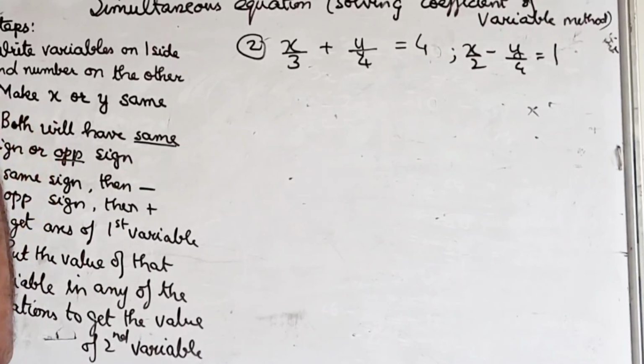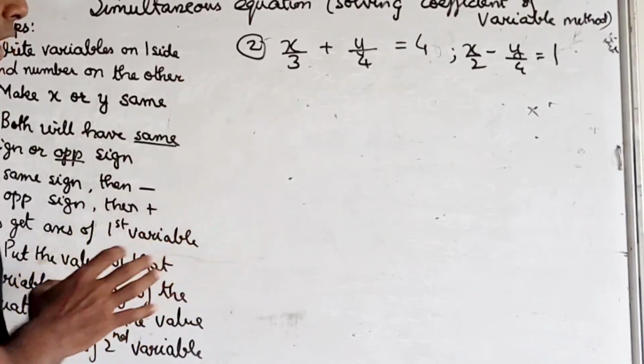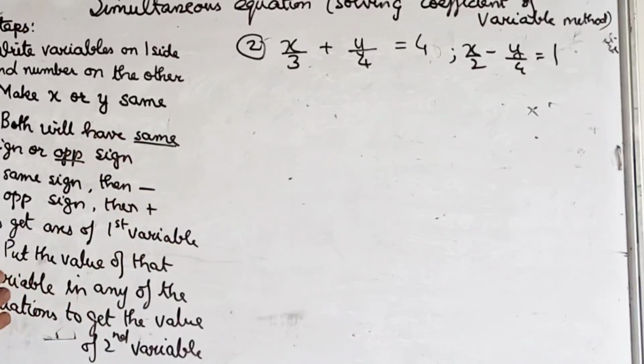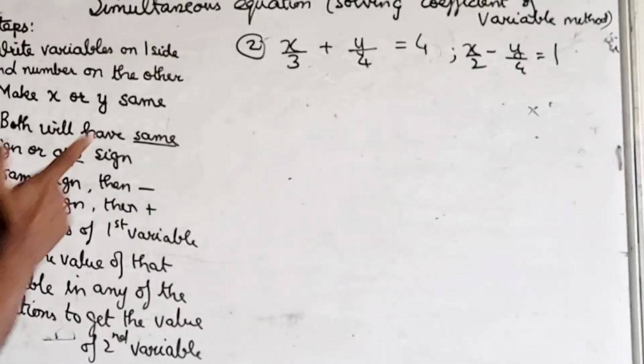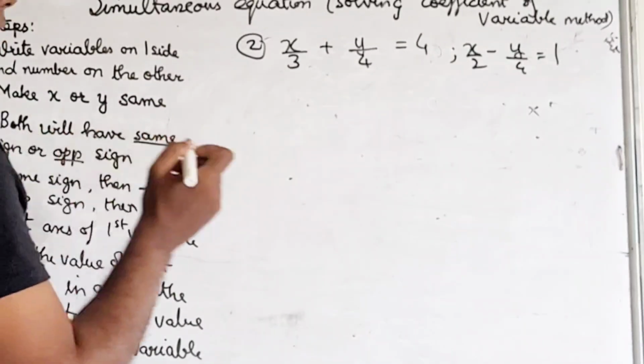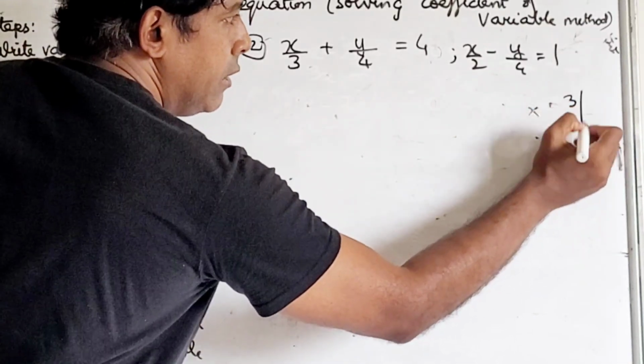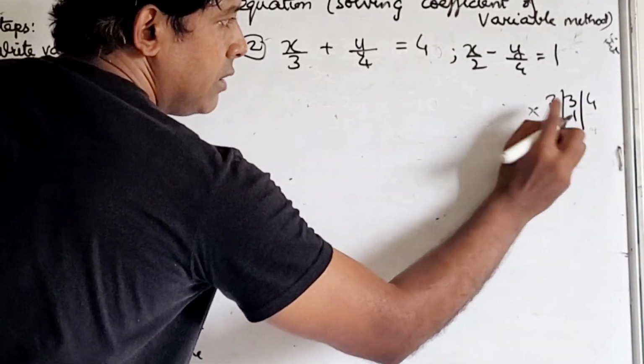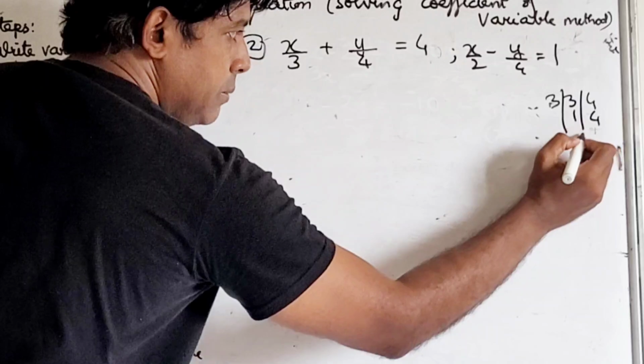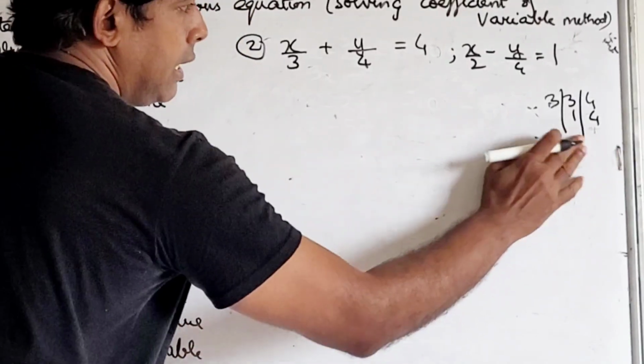Now, whenever you see a fraction, many students get confused how to solve it. So the easiest way to solve whenever you see a fraction is to take the LCM of the numbers. Like here you have 3 and 4. The LCM of 3 and 4: 3 ones are 3, 4 is not divisible, so keep it as it is.